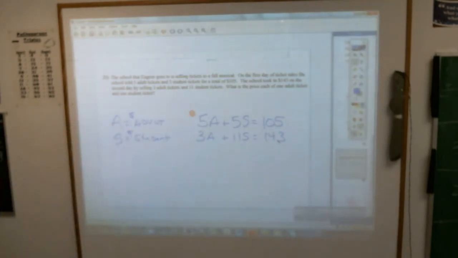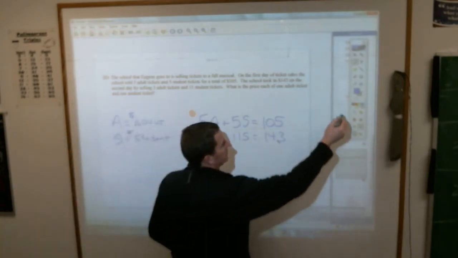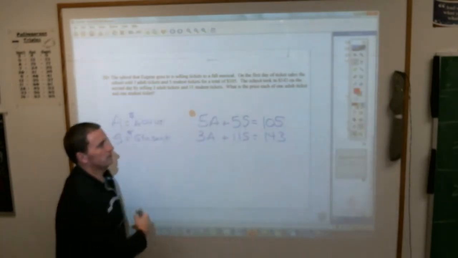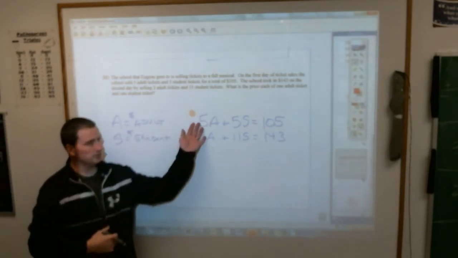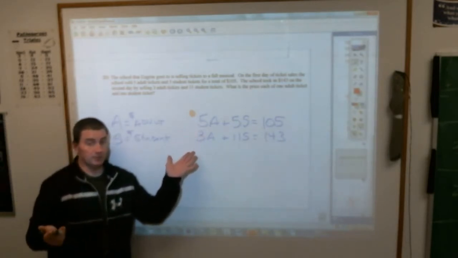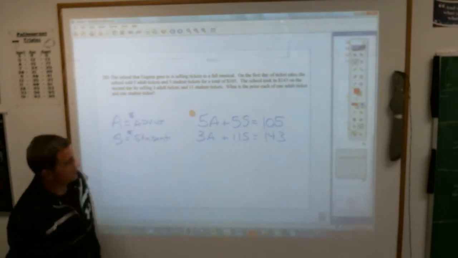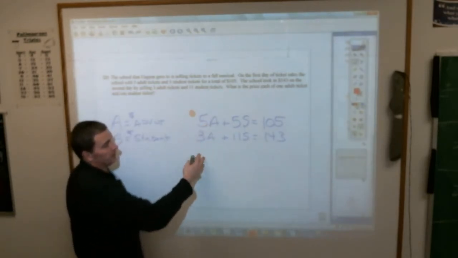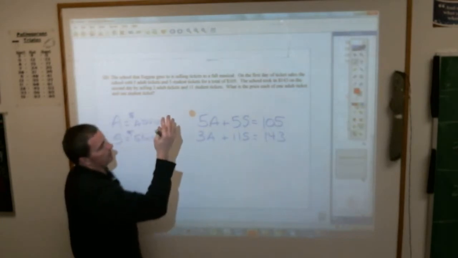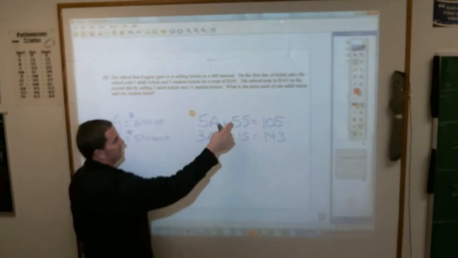Okay. And here again, this is one of those where neither one of them is a multiple of the other, so it's going to be a little tougher because you're going to have to do something to both of them. It's up to you what you want to do. I would pick the smaller two numbers and go, okay, what's the smallest number 5 and 3 go into? 15. And they're the same, so you need to make one of them negative and one positive. I would probably make the top one the negative.